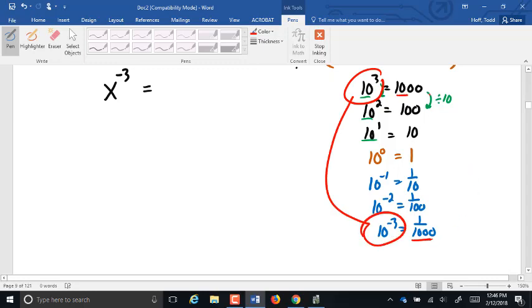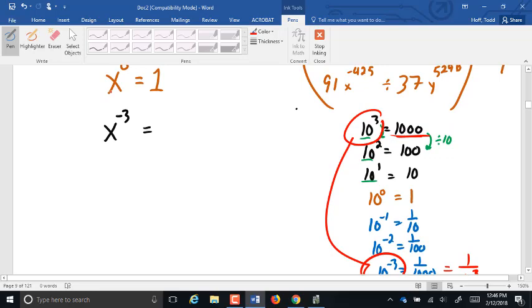They're just reciprocals. 10 to the 3rd is 1,000, 10 to the negative 3rd is 1 over 1,000. Or 1 over 10 to the positive 3. Now, since x to the negative 3 really isn't something you can calculate, all we can really do is say x to the negative 3 is equivalent to 1 over x to the 3rd, the reciprocal of x to the 3rd.